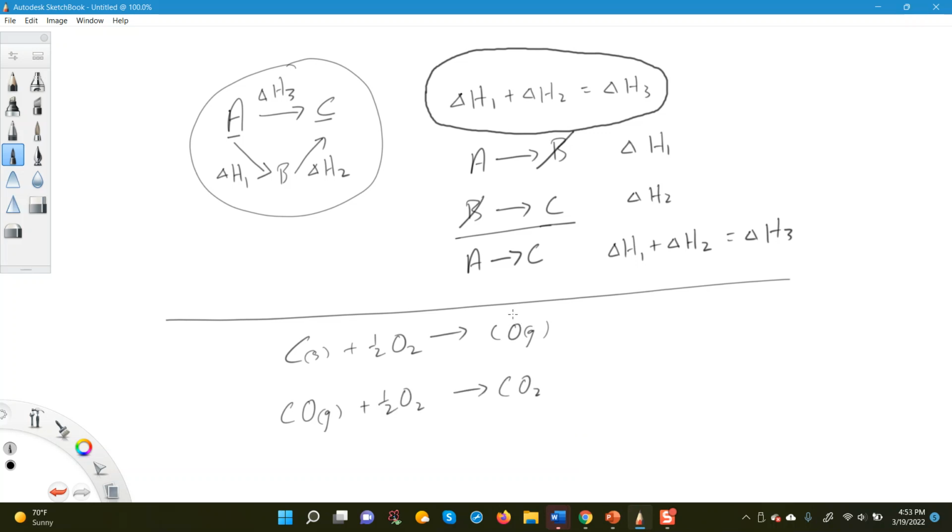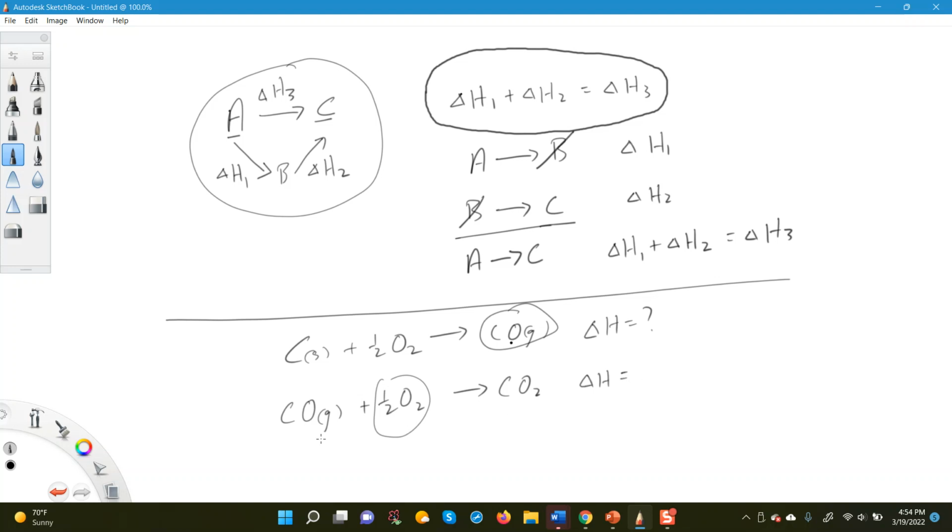experimentally. Now, it's easier to find the delta H for this reaction, and it is also easier to find the delta H for the reaction between carbon solid and oxygen to form carbon dioxide gas, all right?